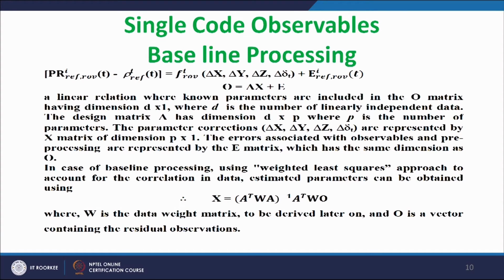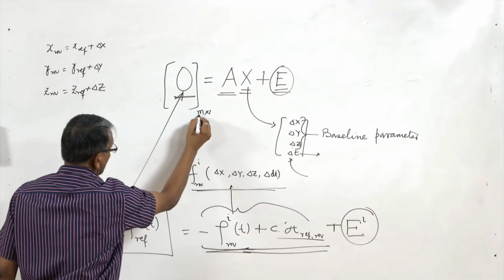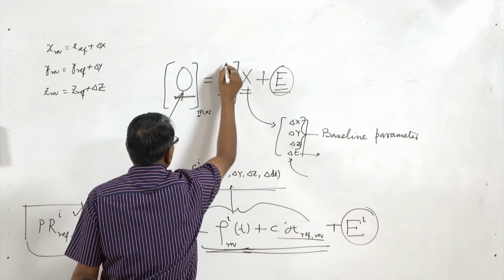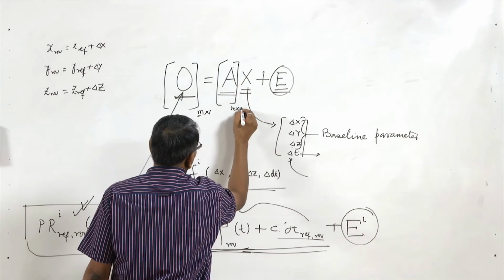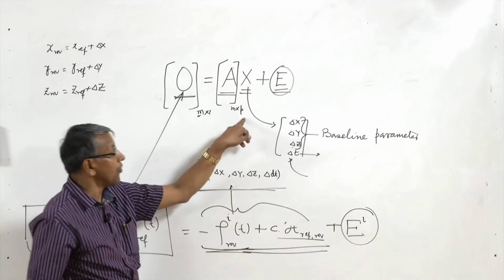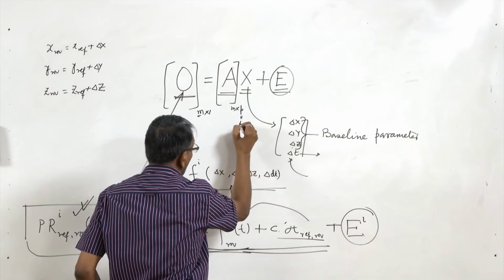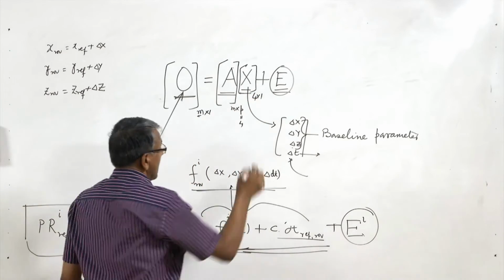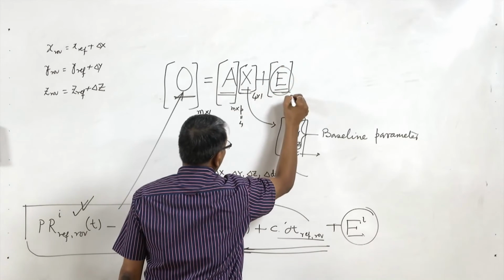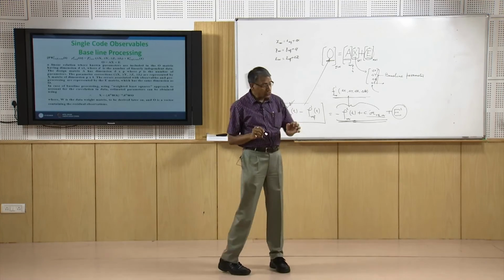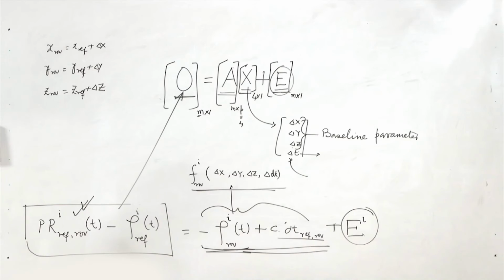Now, the observation matrix, the observable, is of dimension m into 1, where m is the number of satellites from which observables are coming, and A is m into p, where p is the number of unknowns, which is 4 in this case. So, I can write p equal to 4, and x is again 4 into 1, and the E matrix is m into 1, that means one error associated with each satellite observable.